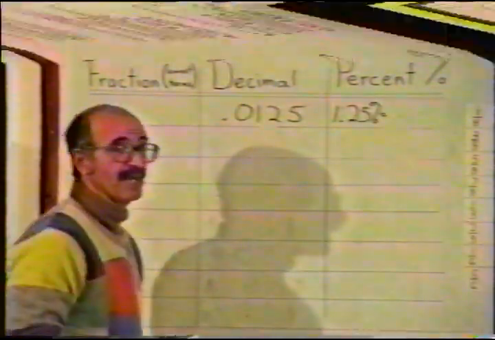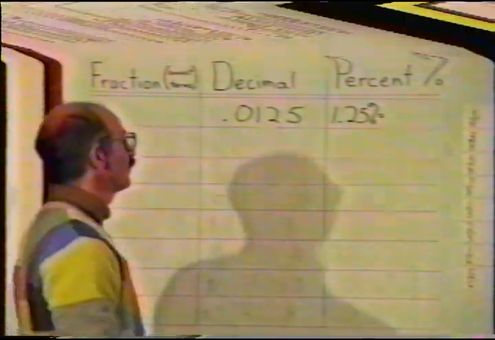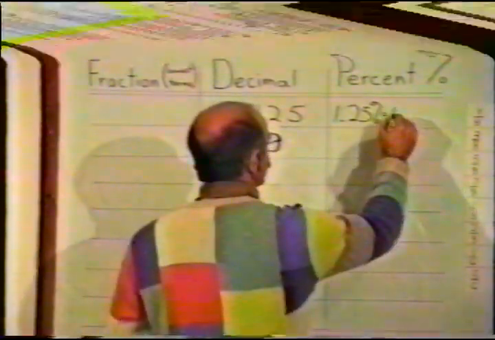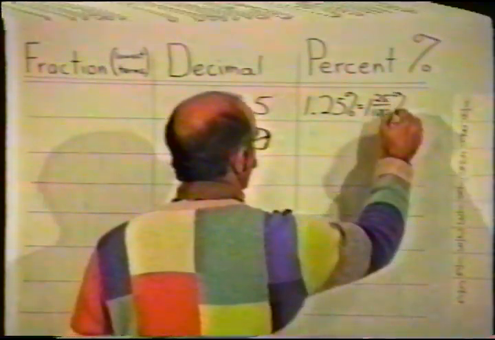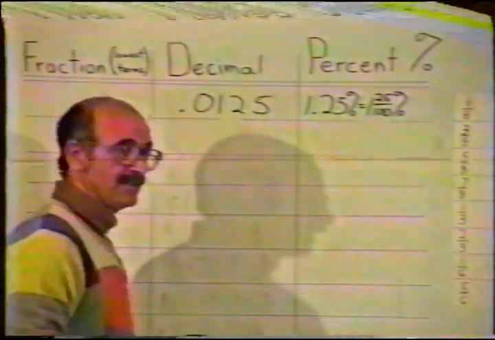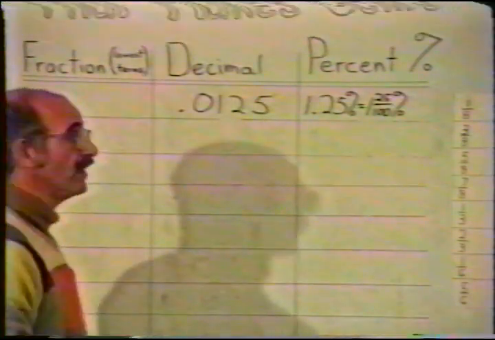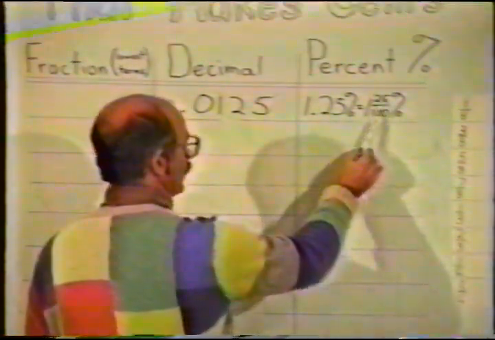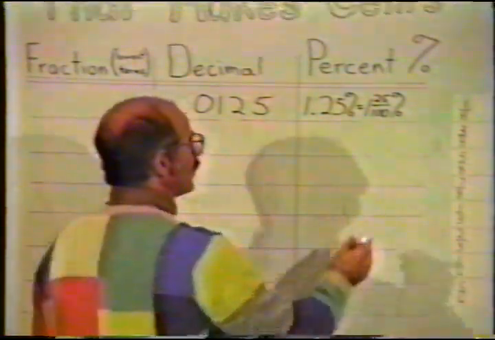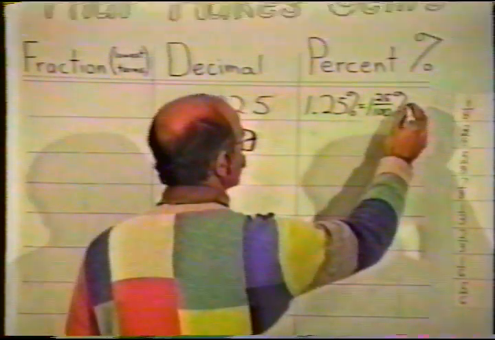Please read that number to me. 1.25%. All I've done is write down what you said, but write down the 2500ths as a fraction. Can that fraction be reduced?